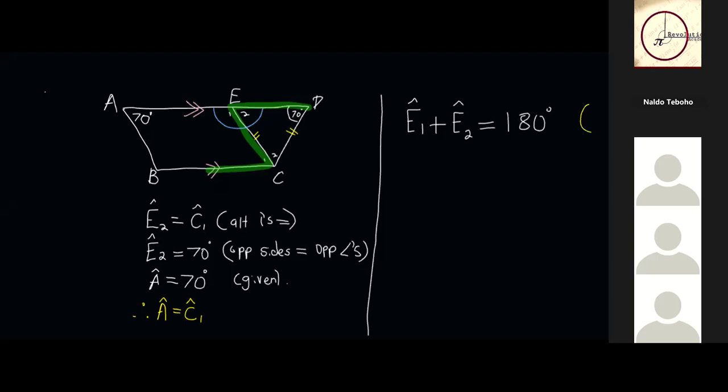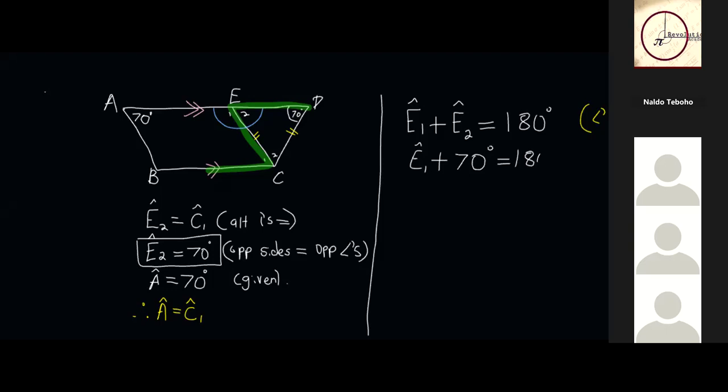Then after that, you go back. We want to calculate angle E1. So I'm going to write angle E1 plus angle E2. E2 is 70, and it's equal to 180 degrees. You are calculating angle E1.